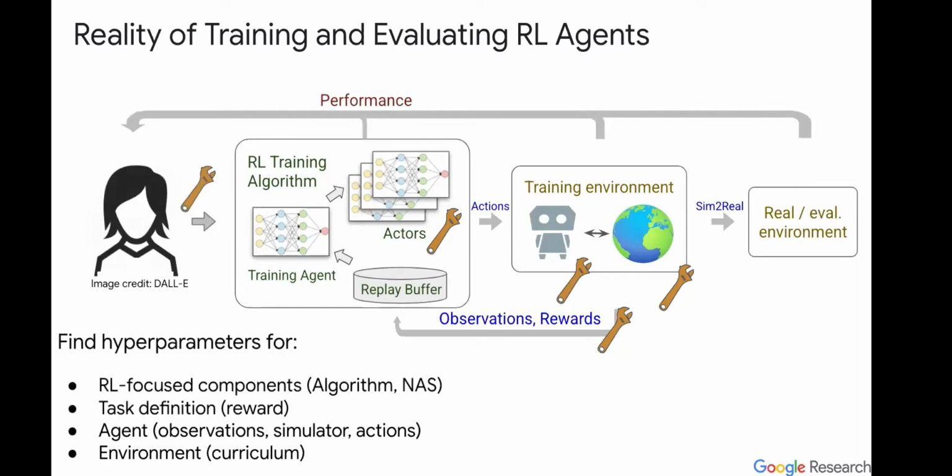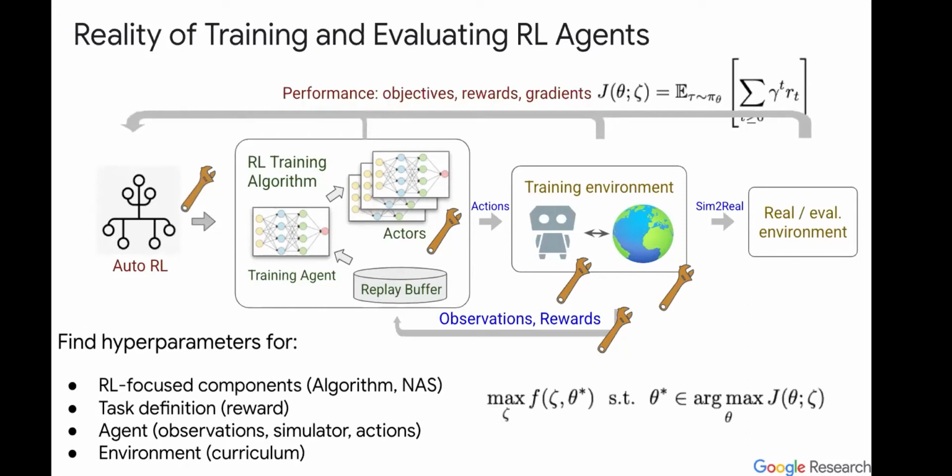So I mentioned there are these 4 areas that we are optimizing for and trying to tune. The premise is that we replace the human or manual process with a learned model or automation. Essentially, all these undefined things become a new parameter zeta in our optimization problem, and we're looking to find the zeta that improves the performance of the reinforcement learning agent.